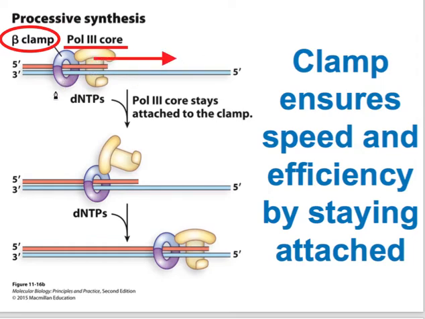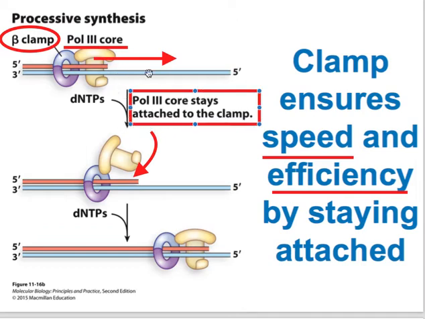What the clamp does is twofold. It ensures speed and it ensures efficiency by always catching the DNA polymerase. That's because it can stay attached to this clamp and just keep moving, keep on swimming, keep on swimming. That's what the clamp makes it do here.